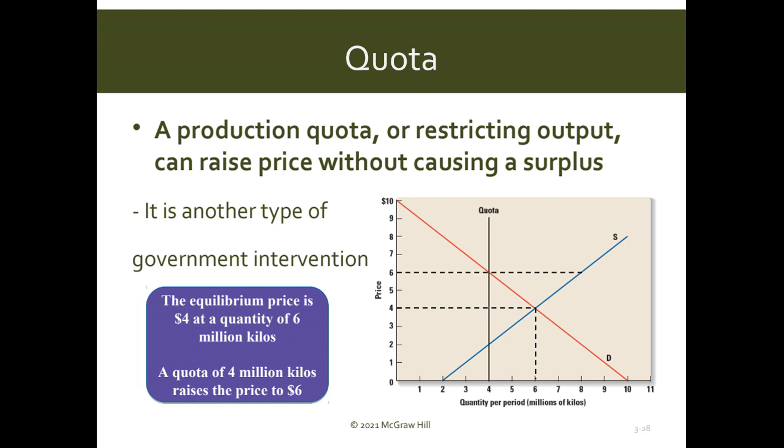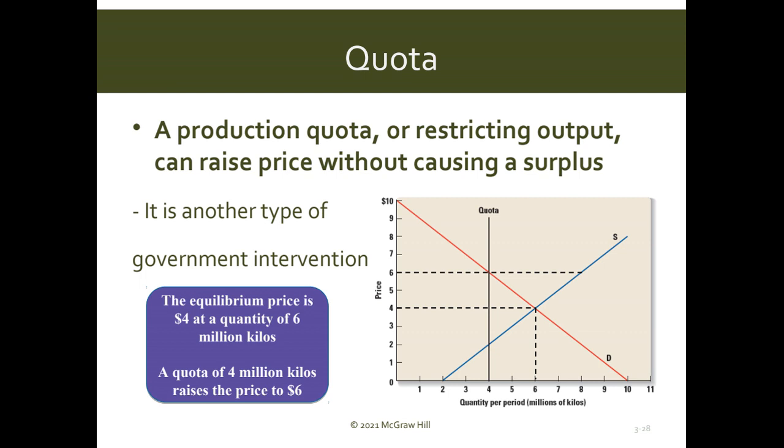In this diagram, when government restricts the production of a certain product, or restricts the output, it will increase the price level but without causing a surplus. We know that in price floor we have a surplus.